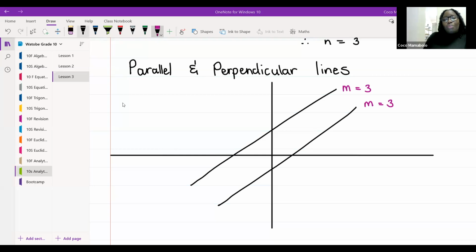If there are two bikes, and I'm going to draw a bike again, guys, don't laugh at me. I'm drawing a bike. Okay.